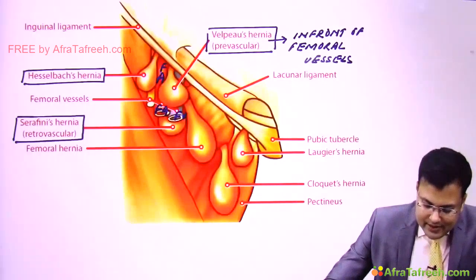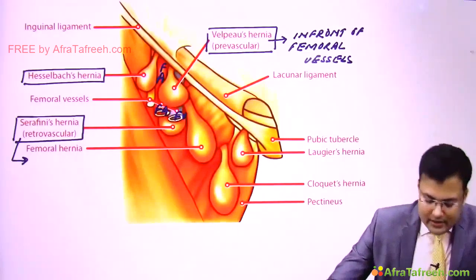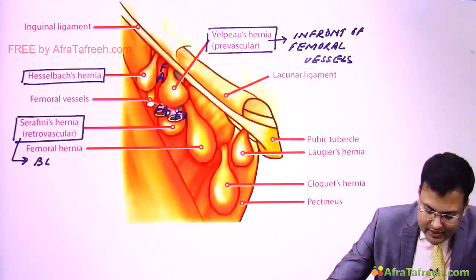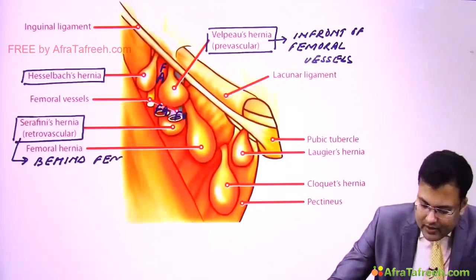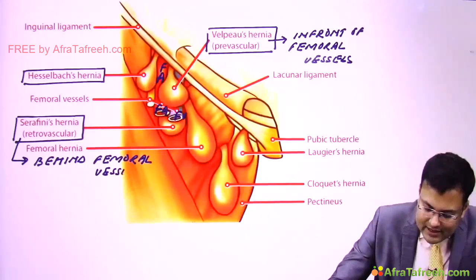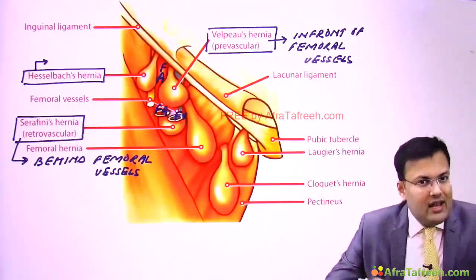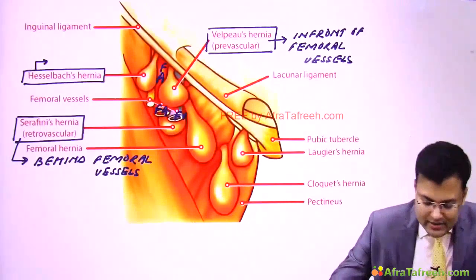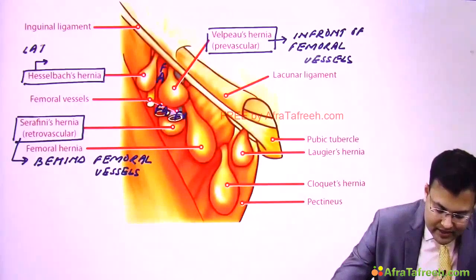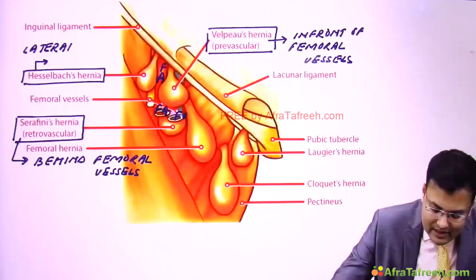This is Serafini's, it is retrovascular, located behind femoral vessels. And Hesselbach's hernia is located lateral to femoral artery.